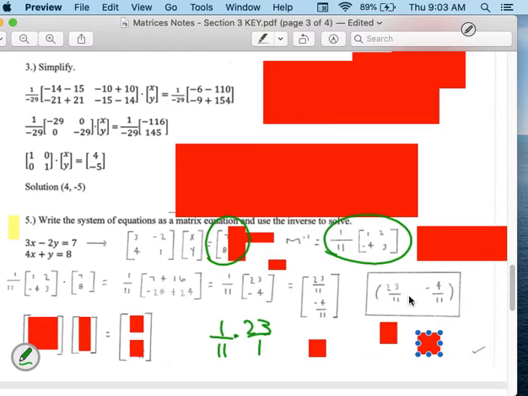Okay? So we take our equation, we write it as matrices, we find the inverse, we multiply the inverse times the constants, and that's your solution. If I'm just using basic 2-variable systems of equations, and this is brand new, some of you might be thinking, why don't I just use elimination?